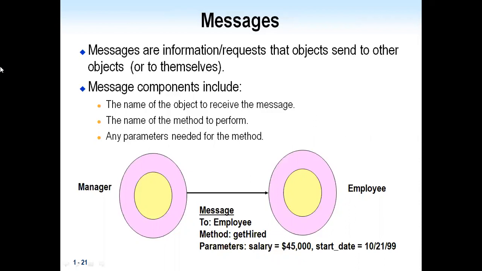The message includes the name of the object to receive the message, the name of the method to be performed, and any parameters needed for this method. So the message can be represented.